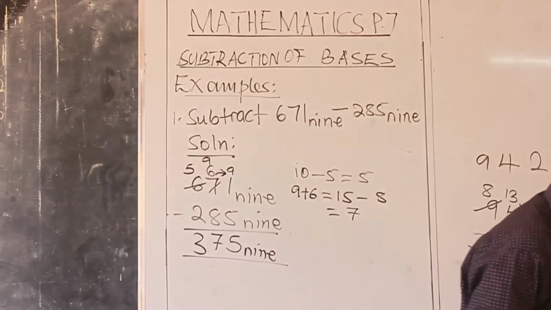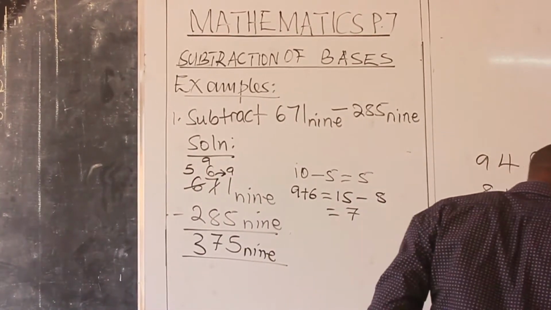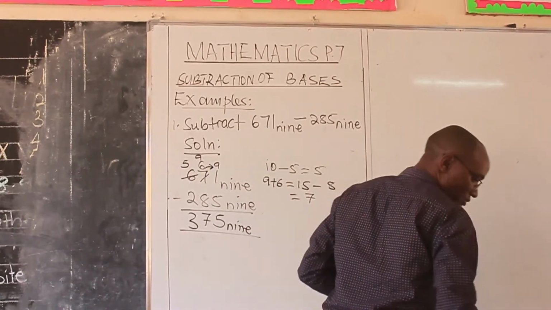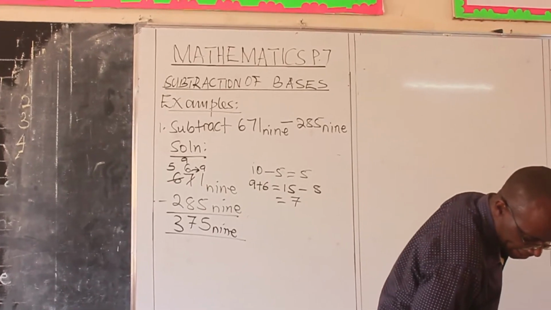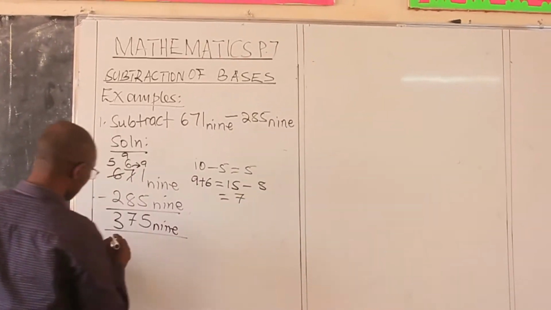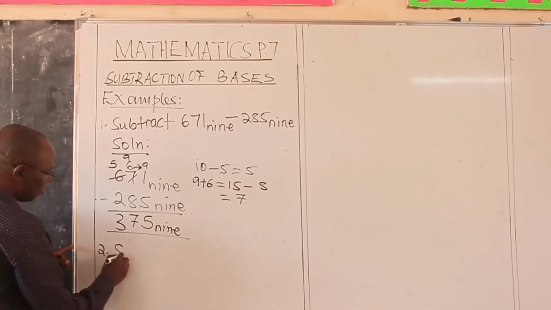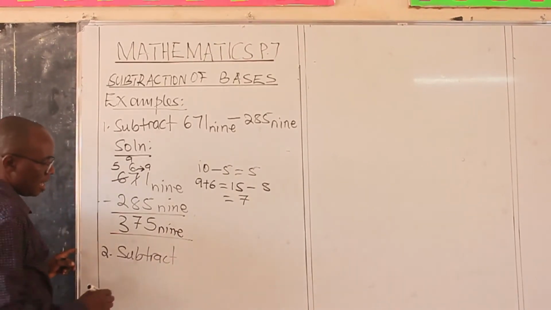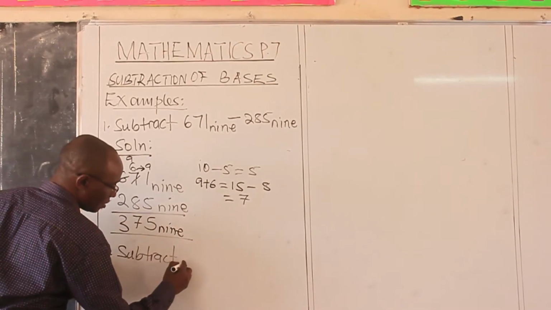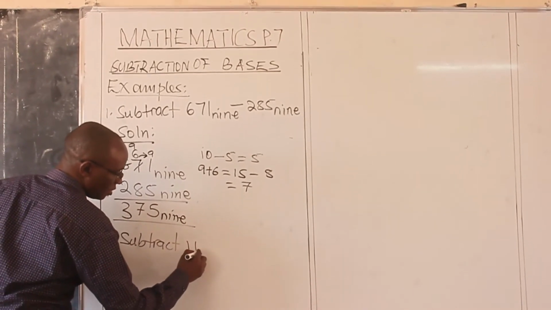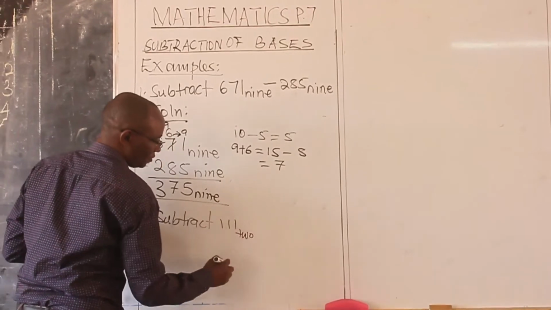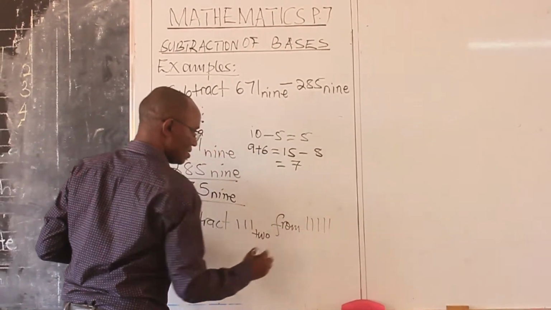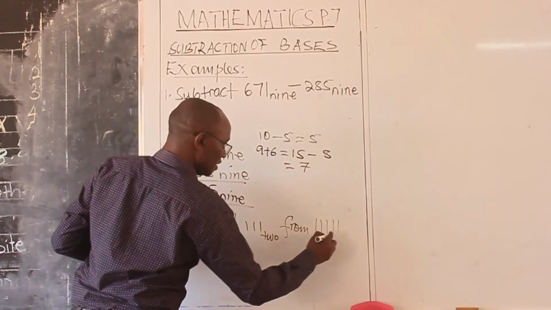Now let me take you to the next example. I will give you more examples for you to understand me very well. Now I go to my second example. My second example is to subtract 1 base 2 from 1 base 2.